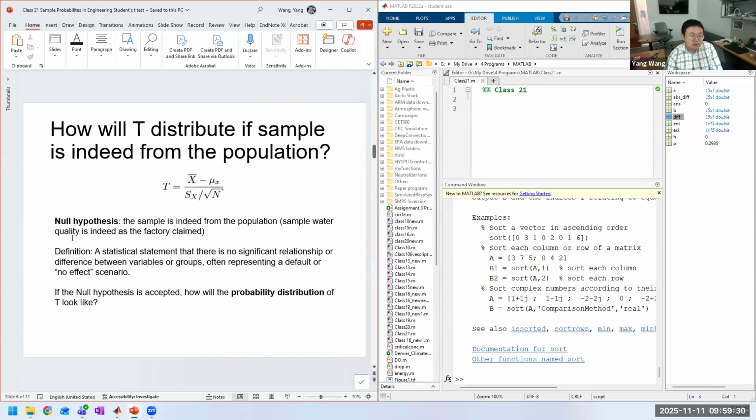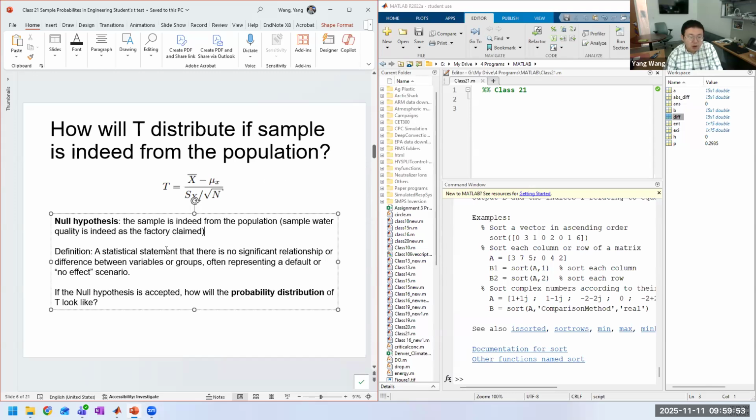In the t-test, the hypothesis that we're making, or people also call it the null hypothesis, is that indeed the sample is from the population. If we use the water sample as the example, it will be that this water sample quality is indeed as the factory claimed.